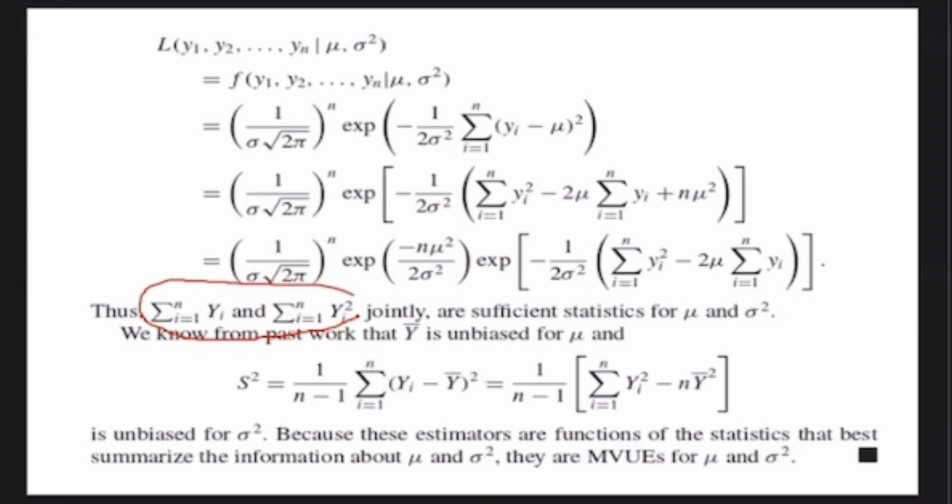And don't forget, the function of this sufficient statistic summation y will be summation y over n, which is going to be y bar. Naturally speaking, the expected value of y bar is going to be unbiased. The variance of y bar is going to be minimal. We all know that. Not only that, what about summation y squared?